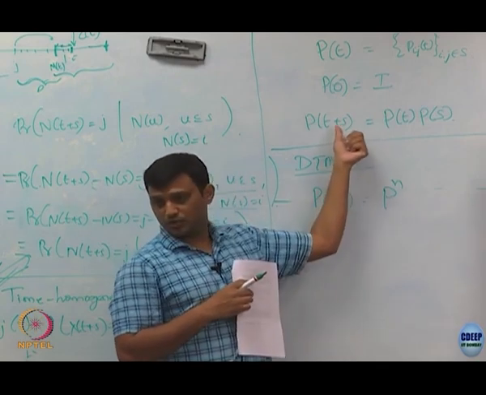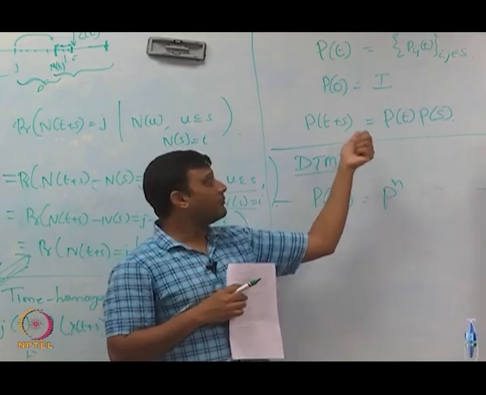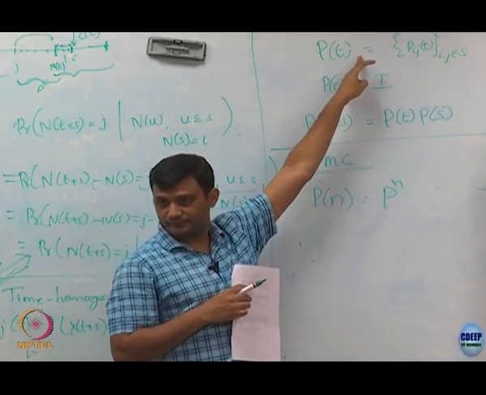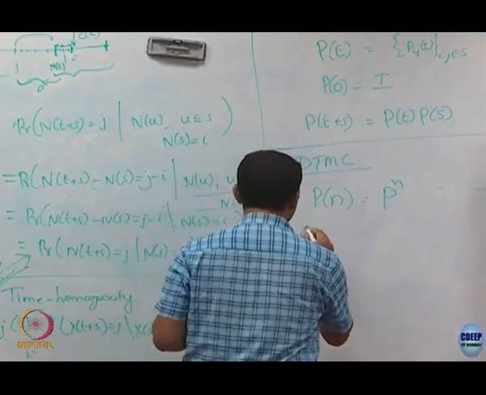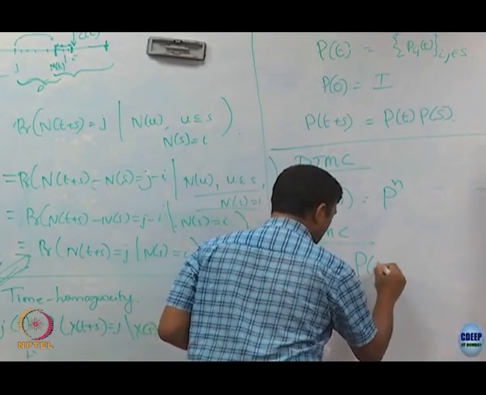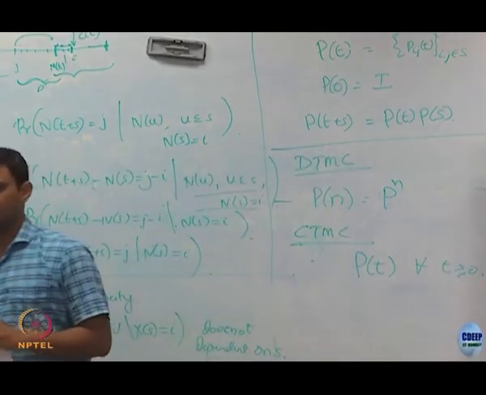But when you move to CTMC, you have to specify my transition probability matrix for every t. So in CTMC, I need to know this P of t for all t greater than or equal to 0.